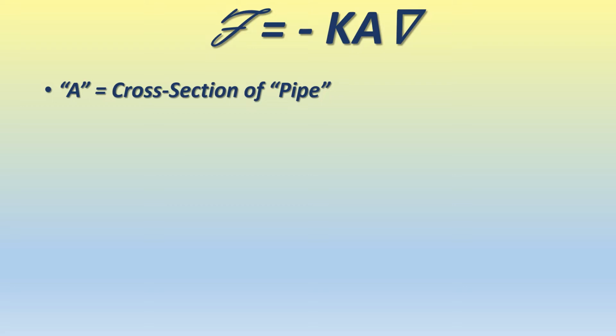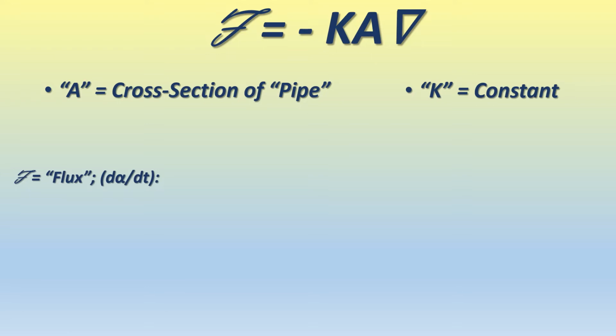In this case, A is the cross-section of whatever pipe or conduit is used to carry a property. K is some sort of intrinsic constant.